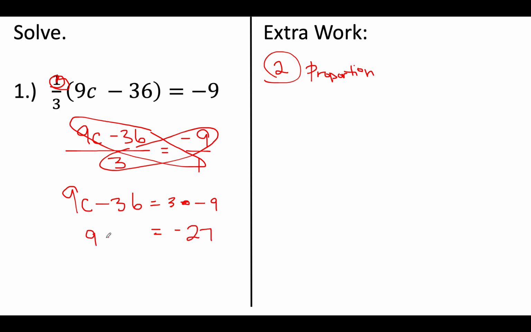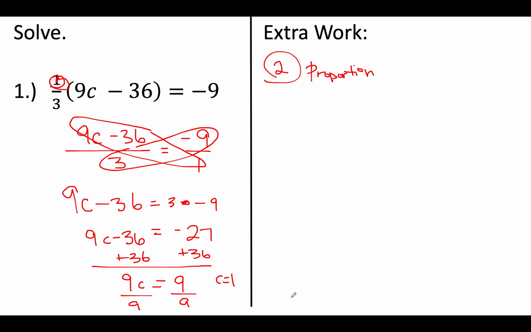So we have 9c minus 36 is equal to a negative 27. Add 36 to both sides. Nine c is equal to a positive 9. Divide both sides by 9. C equals 1. We got the exact same answer.